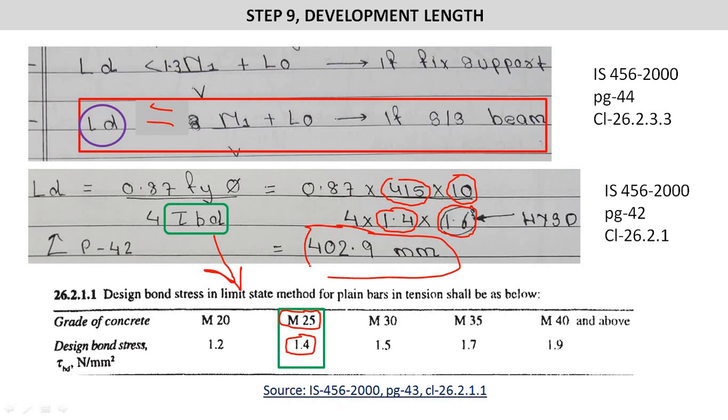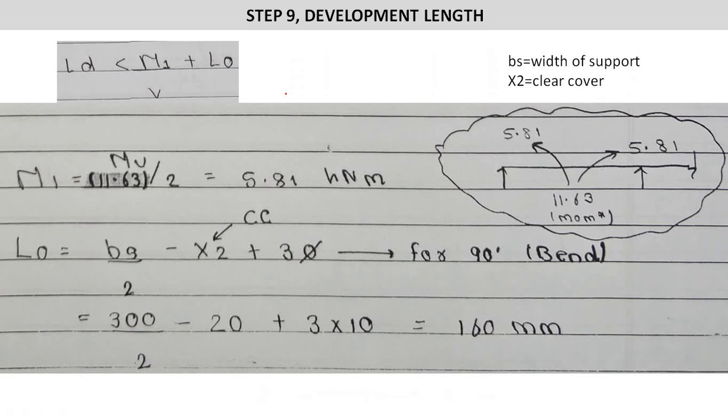Now let us move on. For that, LD is less than M1 upon V plus L0. So now we will see the value for M1. The value for M1 will be Mu by 2. This Mu, which we have calculated in kilonewton meter, we will take as the maximum bending moment at the overall section.